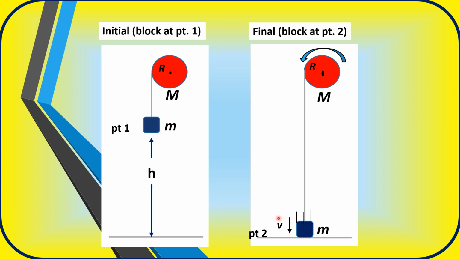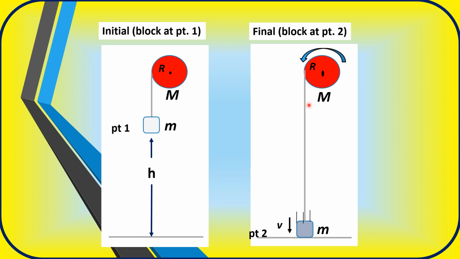Now, this happens because the cable unwinds. The cable is originally fastened to this solid cylinder that acts something like a pulley. So as the block starts to accelerate, naturally, the cable unwinds.